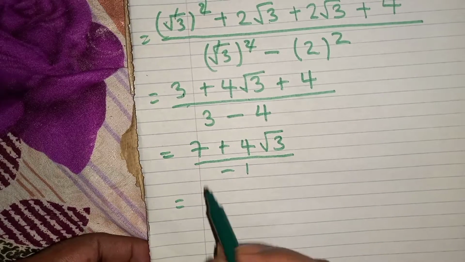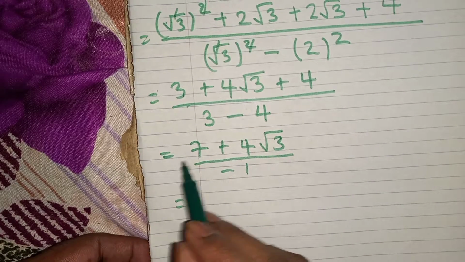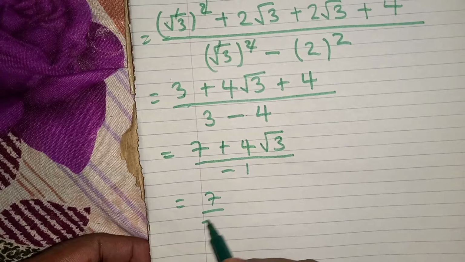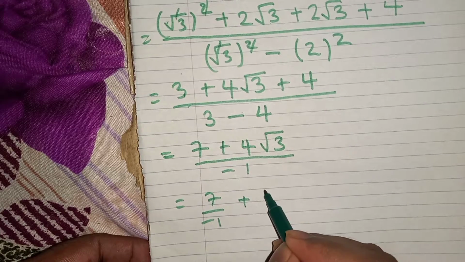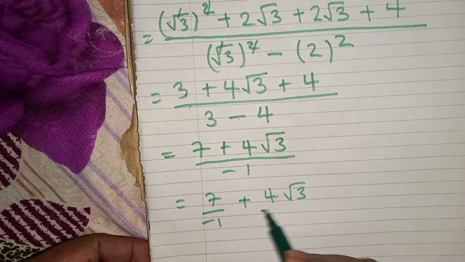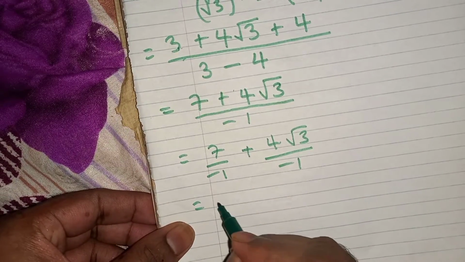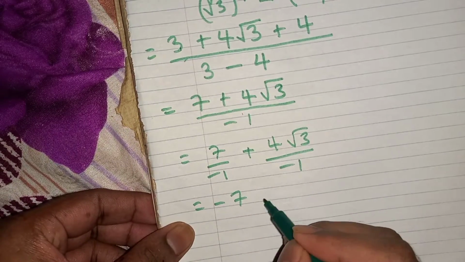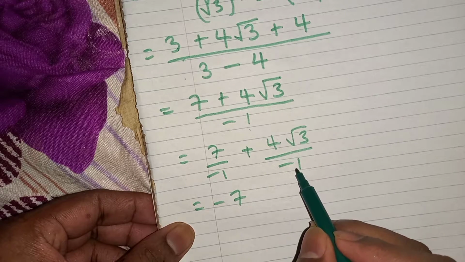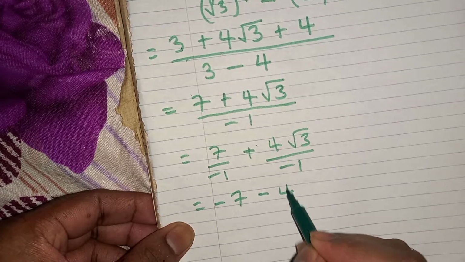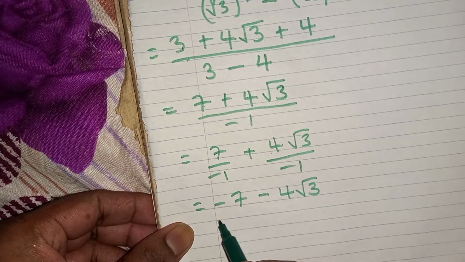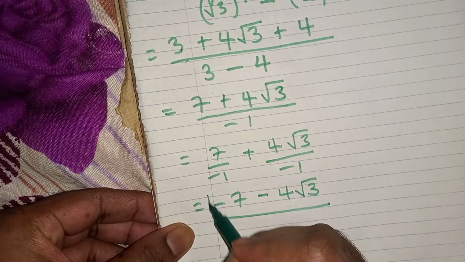Therefore we can write this as 7 divided by negative 1 plus 4 root 3 divided by negative 1, and 7 divided by negative 1 is minus 7, and 4 root 3 divided by negative 1 will be minus 4 root 3. So this is our final answer.